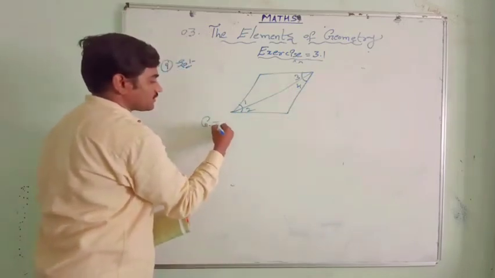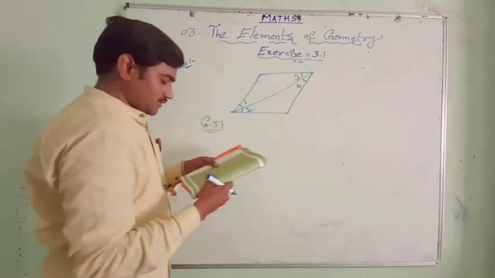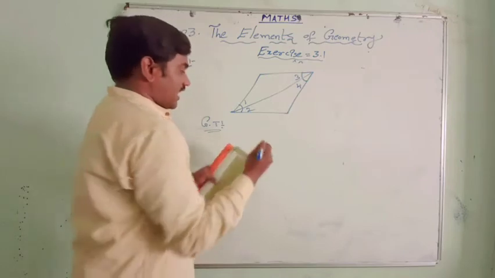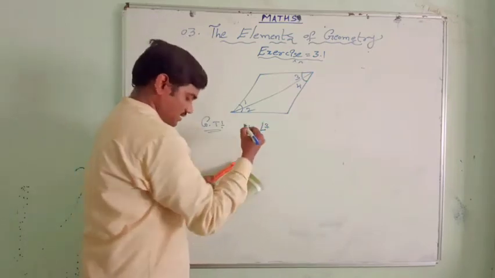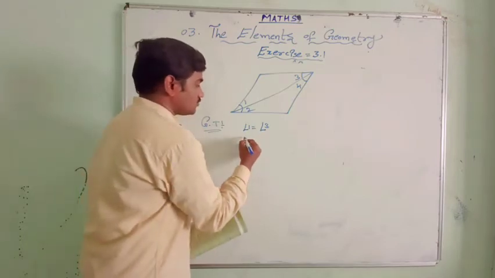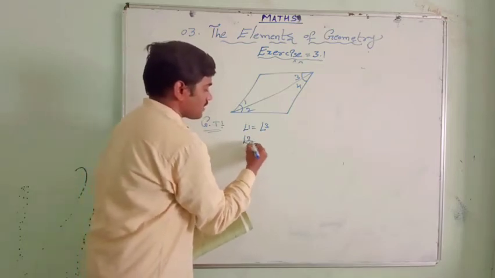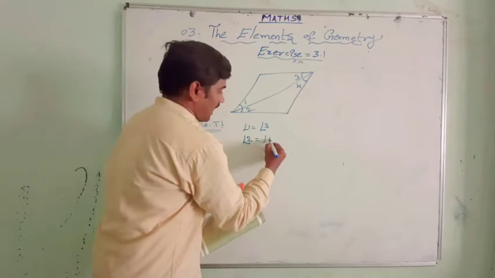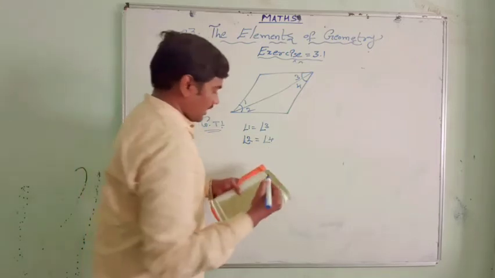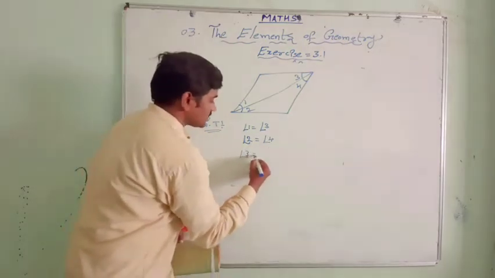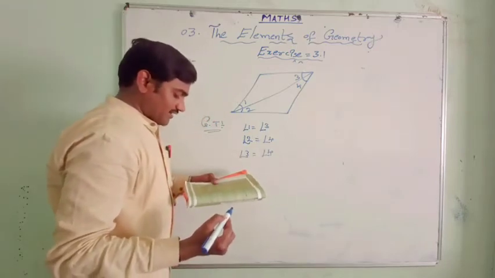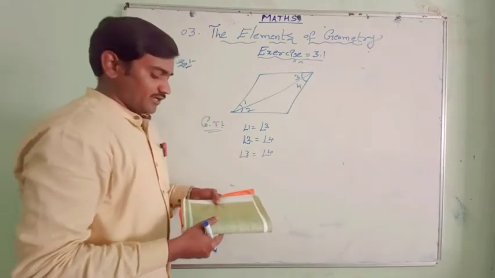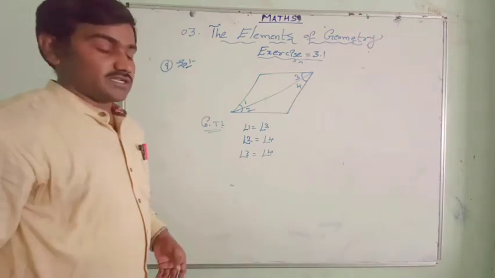Given that in the adjacent figure angle 1 is equal to angle 3 and angle 2 is equal to angle 4 and angle 3 is equal to angle 4. Write the relation between angle 1 and angle 2 by Euclid's postulates.